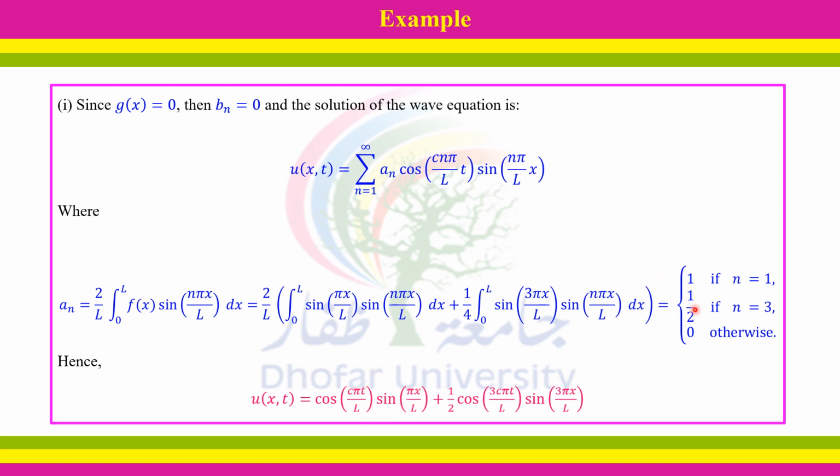When we substitute n equal 3, we have a_3 is half, we write it here, cosine 3c pi t over l, which is this term here, sine 3 pi x over l, which is this part here, and then it is 0 otherwise, so that means what we have here is the solution of the wave equation.